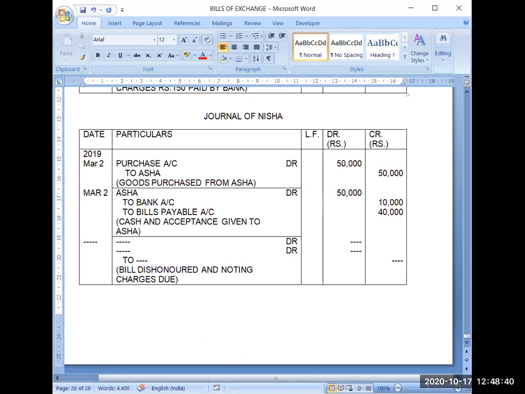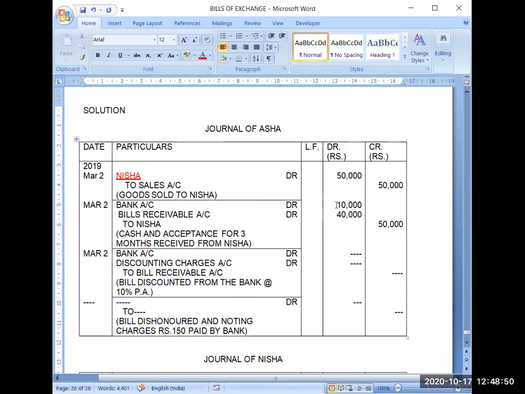Now one more thing you have to keep in mind, that you will not be receiving 50,000 because 10,000 was already paid. The bill amount is 40,000, not 50,000. So you have to pay the discounting charges only on 40,000.